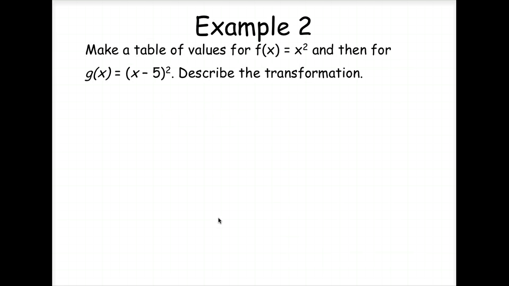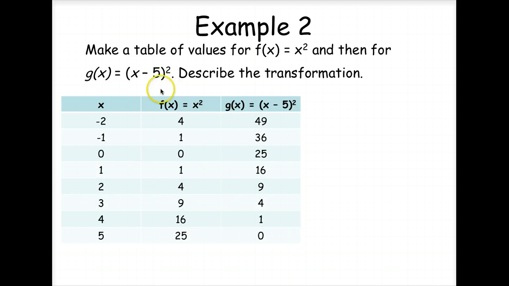Now we're going to make a table of values for the function x squared, and then we're going to make a table of values for g of x is equal to the quantity x minus 5 squared. Notice we have this number, the h is within the grouping symbol. So here are the values that we're choosing for x. This is how it affects the function x squared.